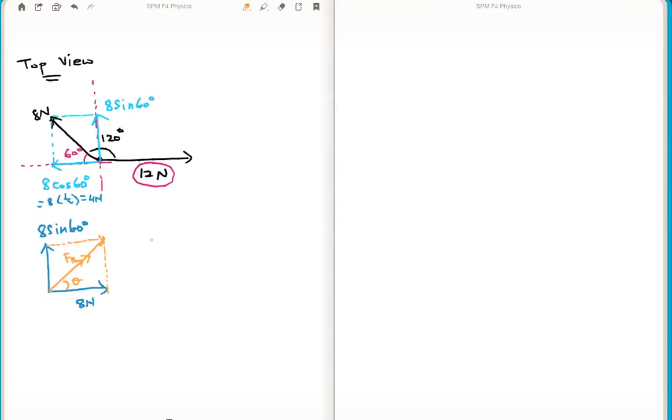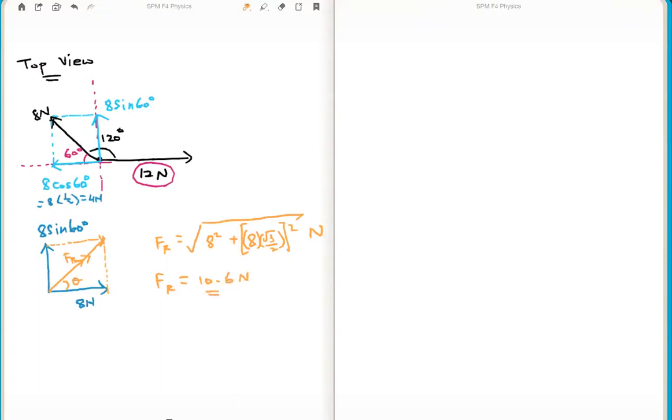In order to find your FR, that would be the square root of 8 squared, Pythagoras theorem, plus sine 60, well, this is not a very good number, because sine 60 is root 3 over 2, squared, Newton. Use a scientific calculator, we should get a value of, I think, 10.6 Newton.